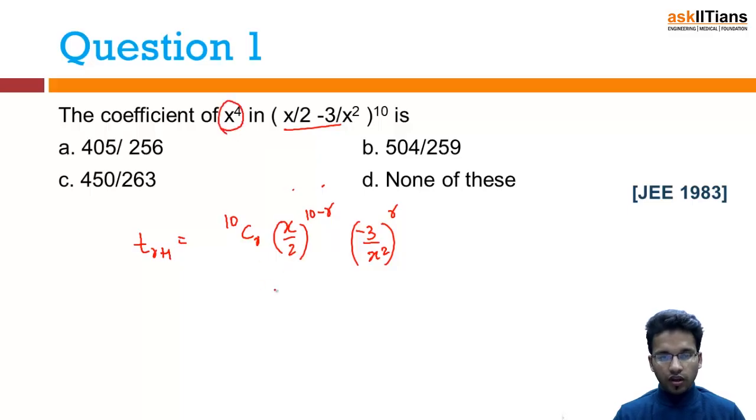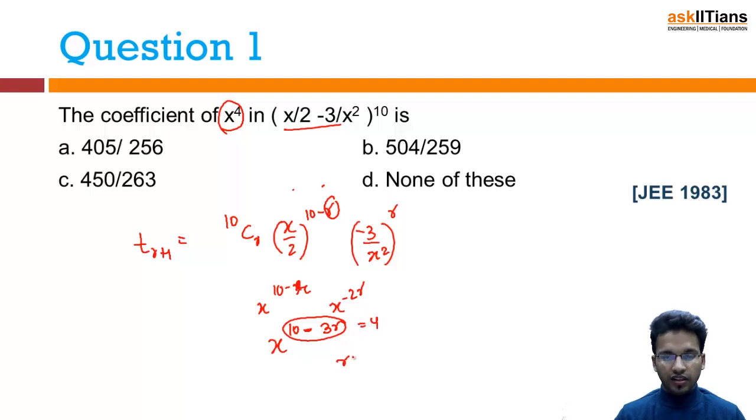So you have x raised to power 10 minus r, and this is x raised to power minus 2r. So this will form x raised to power 10 minus 3r. Now this power should be equal to 4. I need an r such that this power becomes 4. That is my purpose. So if you put it equal to 4, you will get r is 2 basically.